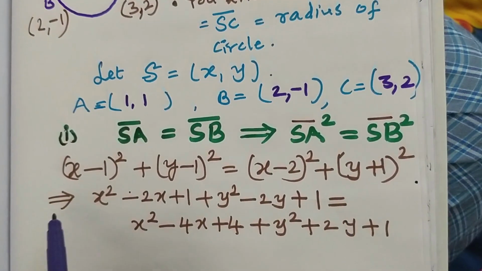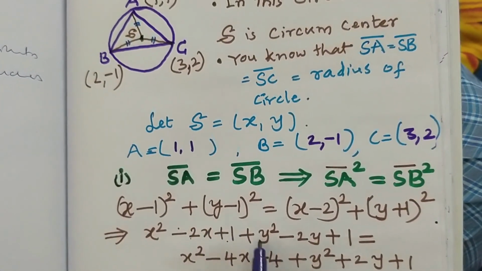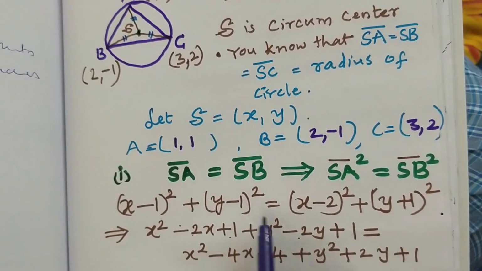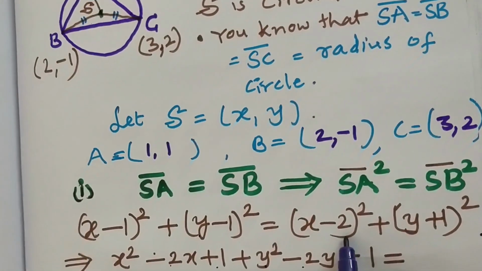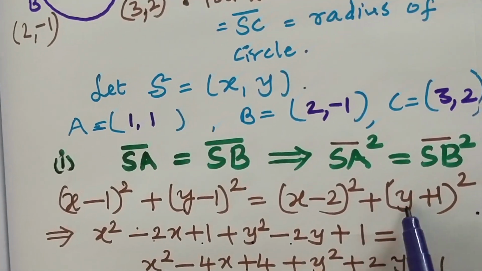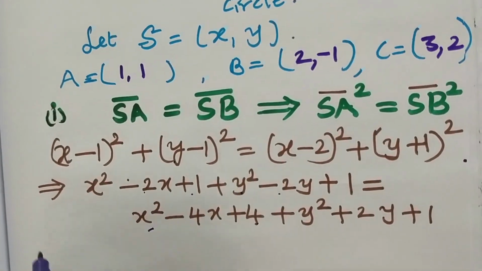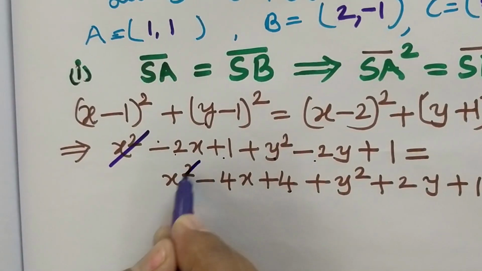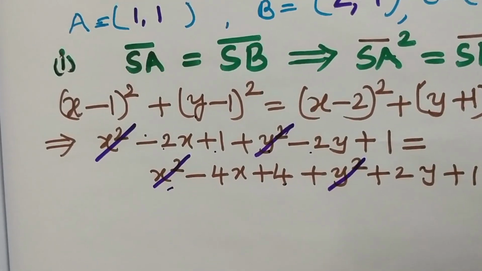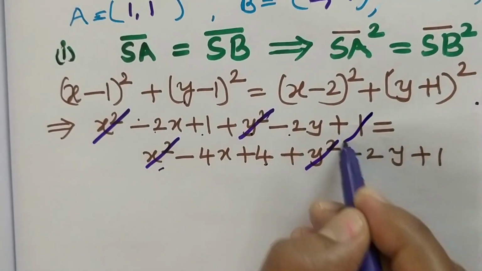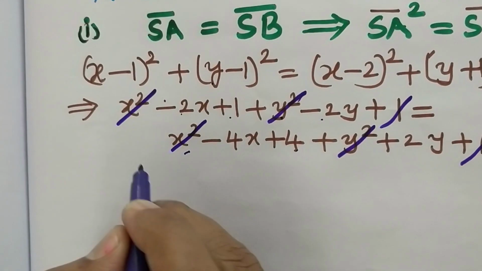By expansion, this is x^2 - 2x + 1 + y^2 - 2y + 1 on the left side is equal to, here it is x^2 - 4x + 4 + y^2 + 2y + 1. Right. Then this x^2 and this x^2 on both sides cancel. y^2 and y^2 get cancelled. Then plus 1 and this plus 1 also get cancelled. The remaining you have to write all on one side.